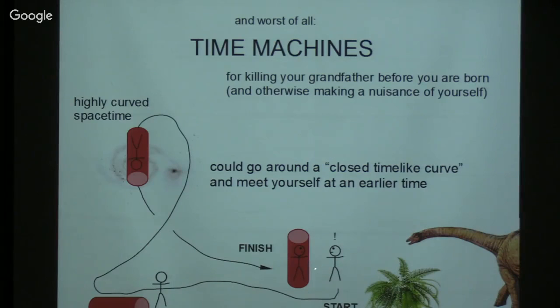So if you start at a given point of space-time, you could take a particular trajectory, taking a time-like path, go through some strong gravitational region, and maybe you come back to the original space-time point you started with. Not the same space at a later time, we can all do that, but the same space and time, and then you kill yourself or something and we don't know what happens.